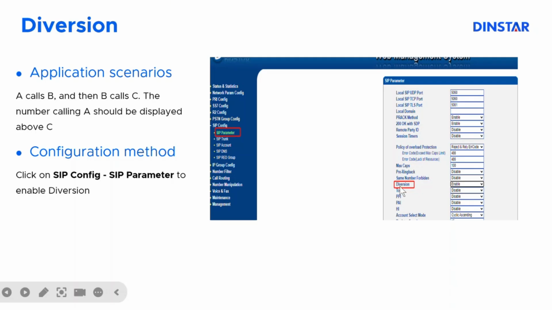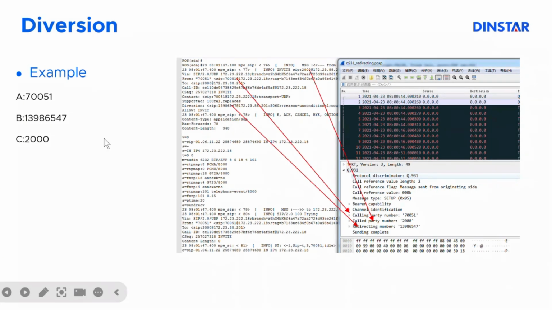We also have some options like the Q and PPA. It's also about the call forwarding options. So let's look at simple examples. In these scenarios, a call is forwarded internally. Like 70051 calls B, and B forwards the call to C, the 2000.